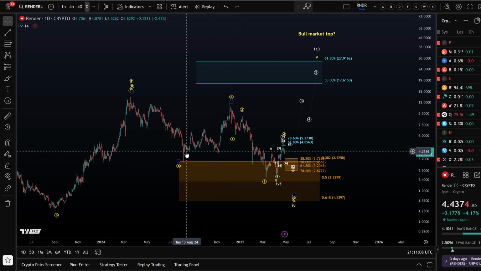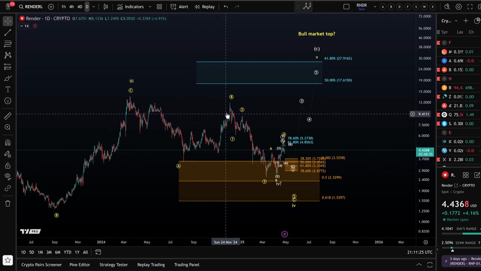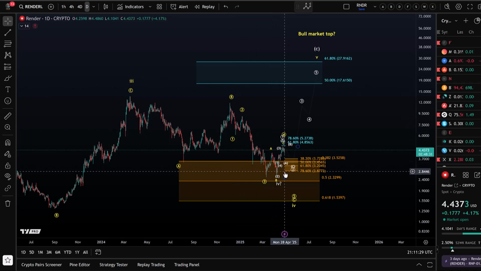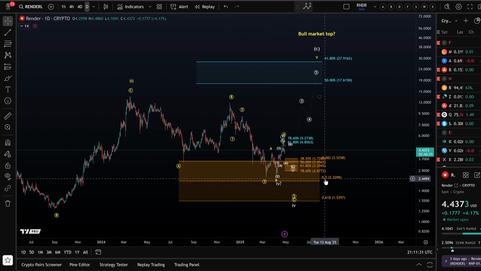But remember that a fourth wave ideal target is often seen as the 38.2 retracement, and we reacted to that level. So it was probable for a rally to occur. The rally occurred, but the market failed to form five waves. So it fell back into support and has not reached a 50% retracement.